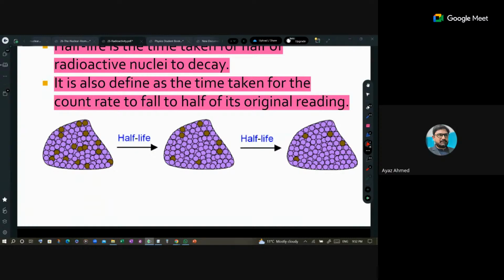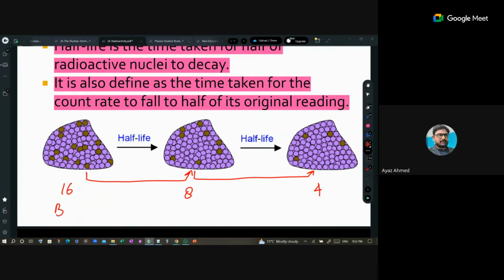Yes. What? The number of browns is decreased to half in this diagram, and then they decrease to half in this diagram. So the browns are the undecayed ones? Yes, they are. Okay, 16. Here they are 8. Here they are 4.